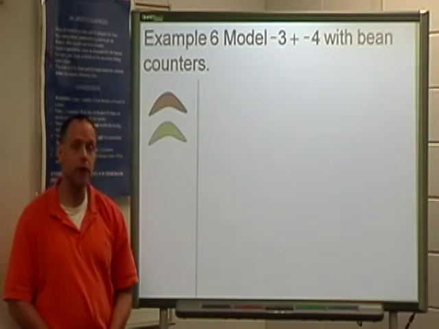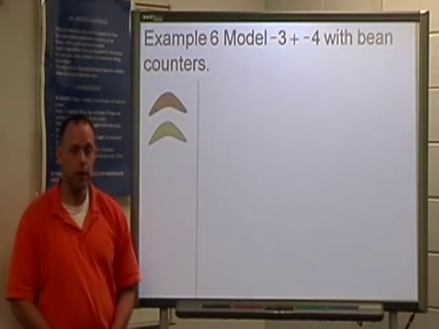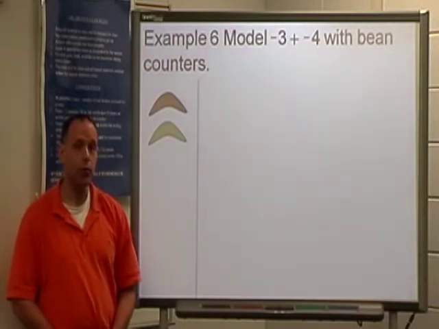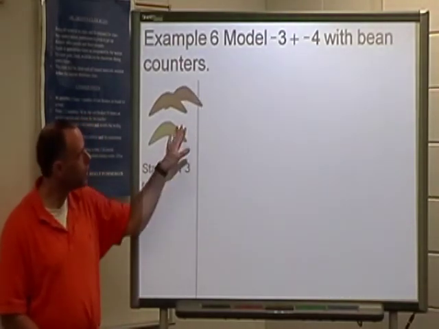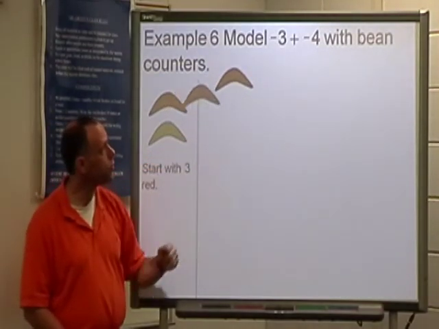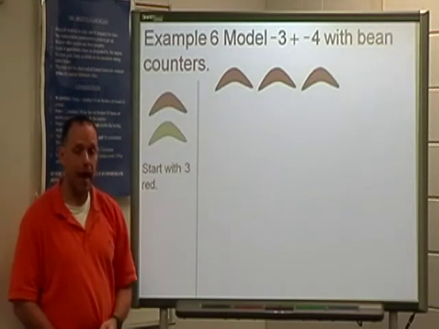Now what happens if I add 2 negative integers together? This time I need to put 3 red bean counters into my workspace. So 1, 2, 3, and I'm adding to it a negative 4.